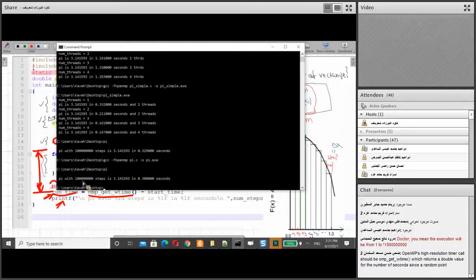The pi number with 100 million steps is 3.141593 in 0.38 seconds.